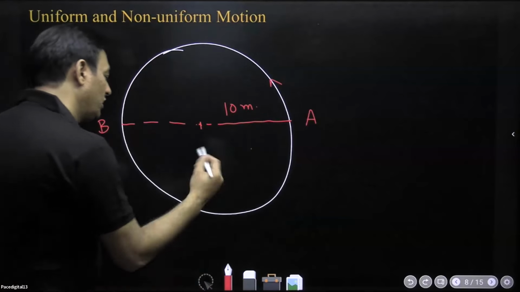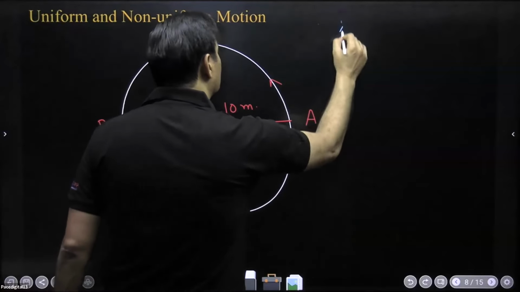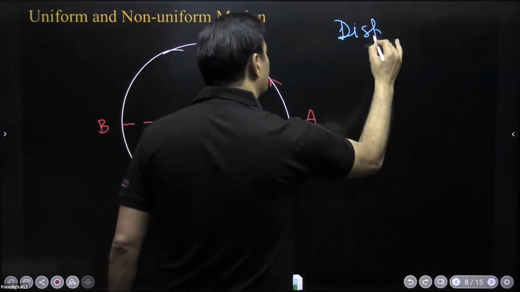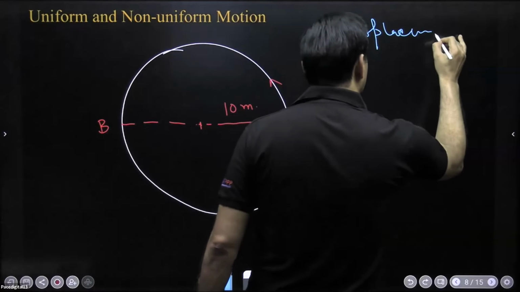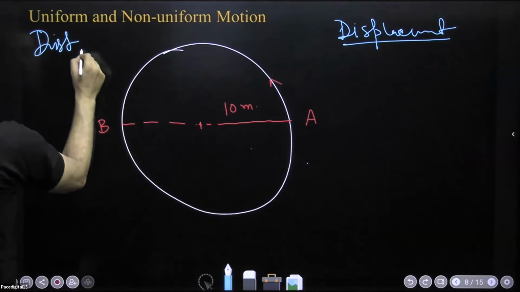When the body reached from A to B, what is the displacement and what is the distance? Quick.